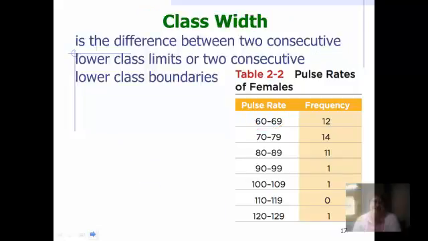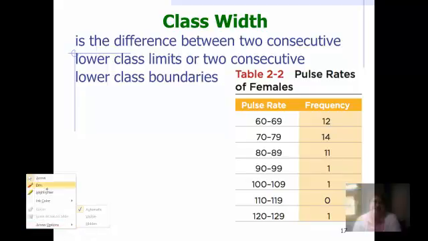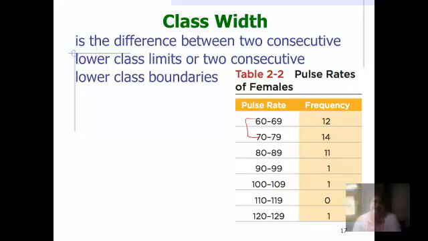Okay, now class width. Class width is from lower class limit to lower class limit. So it's 60 to 70, which is 10. Or it's 69 to 79, which is 10.